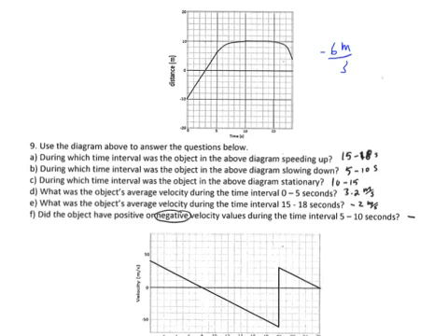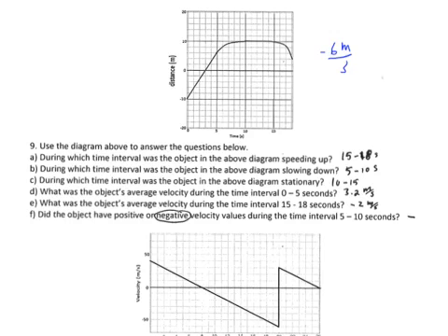Let's see. For F, did the object have positive or negative velocity values during the time interval 5 to 10 seconds? Oh, that's terrible. That's a mistake. It had a positive velocity here.